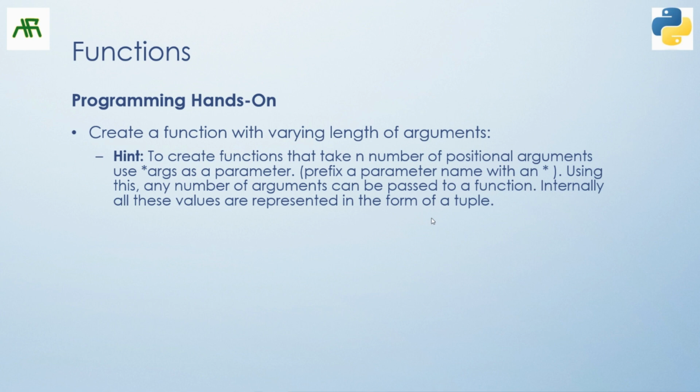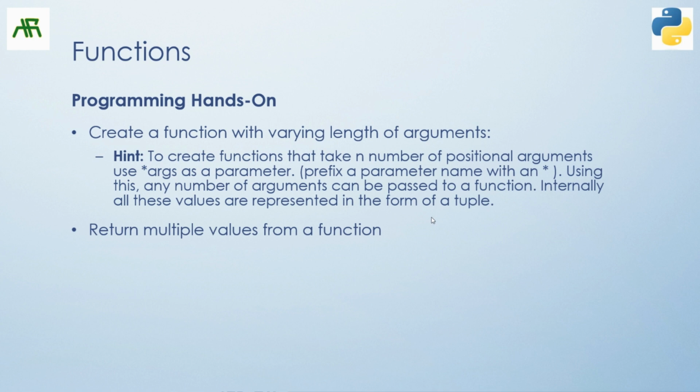How does it work? Here is a hint: to create functions that take n number of positional arguments, use star args as a parameter. Prefix a parameter name with an asterisk. Using this, any number of arguments can be passed to a function. Internally, all these values are represented in the form of a tuple. Try it out and post your comments.